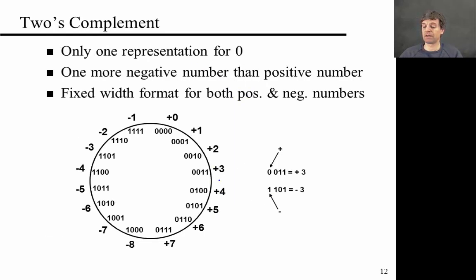And in fact, the number system that you arrive at when you do this is essentially called the 2's complement number system. What's interesting, in 2's complement, there's only one representation for 0 shown up here. There's actually one more negative number than there are positive numbers. And it's very important, we have to work with a fixed width format for both positive and negative numbers, right?